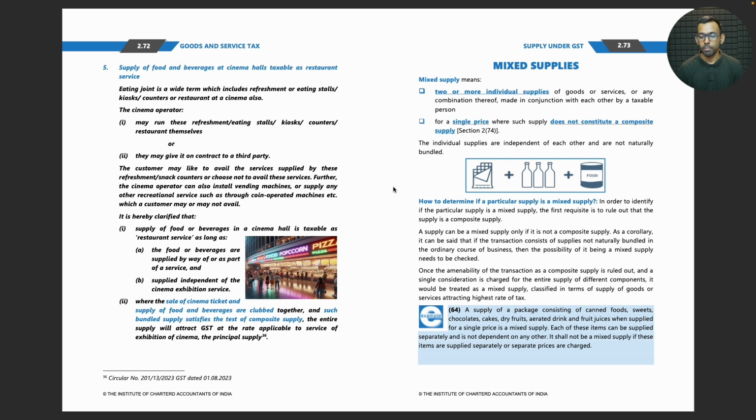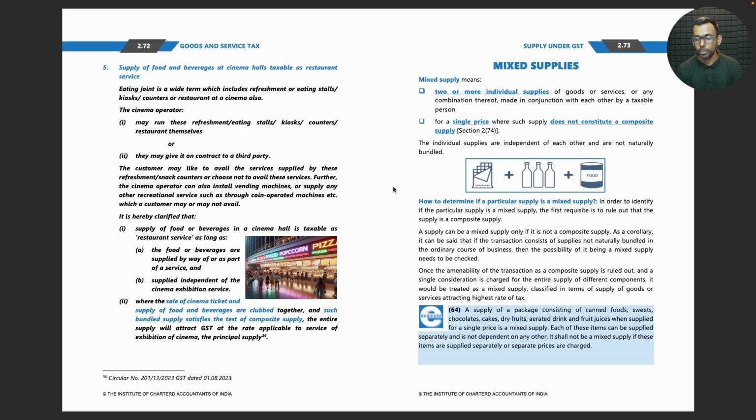A supply of a package consisting of canned foods, sweets, chocolates, cakes, dry fruits, aerated drink and fruit juices, when supplied for a single price, is a mixed supply. Each of these items can be supplied separately and is not dependent on each other.